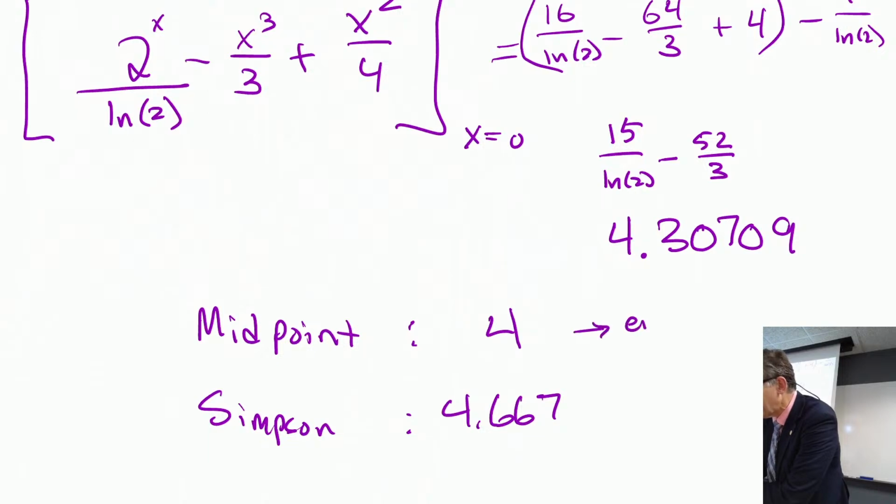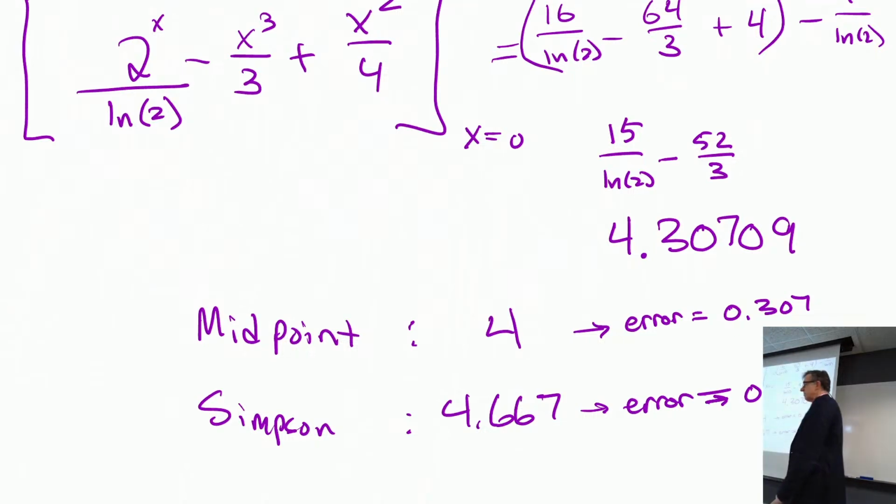So the error here was 0.307, and here the error is equal to 0.360. Sorry, is that better? The error is just the difference between the truth and the approximation, so this is an absolute error that I'm computing here.